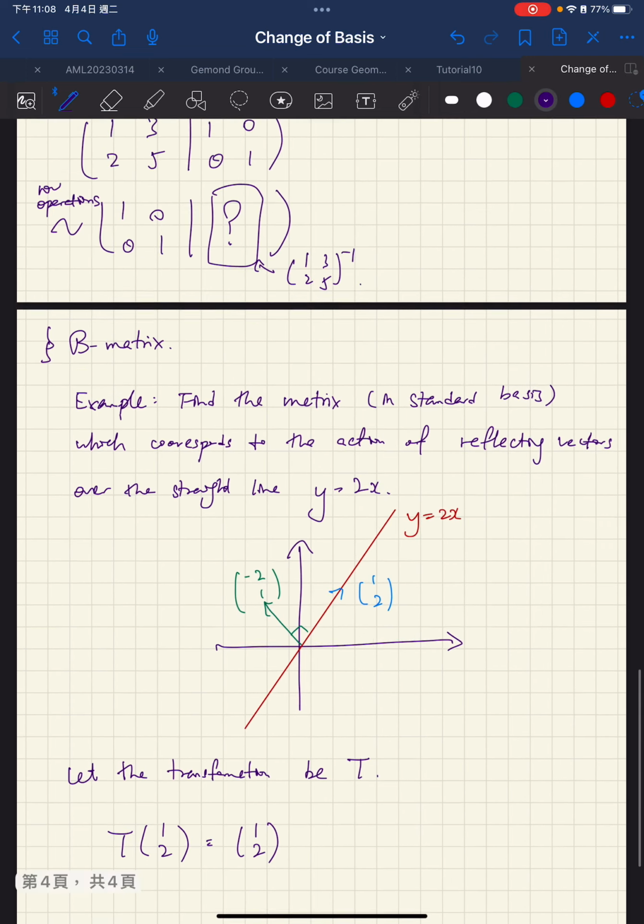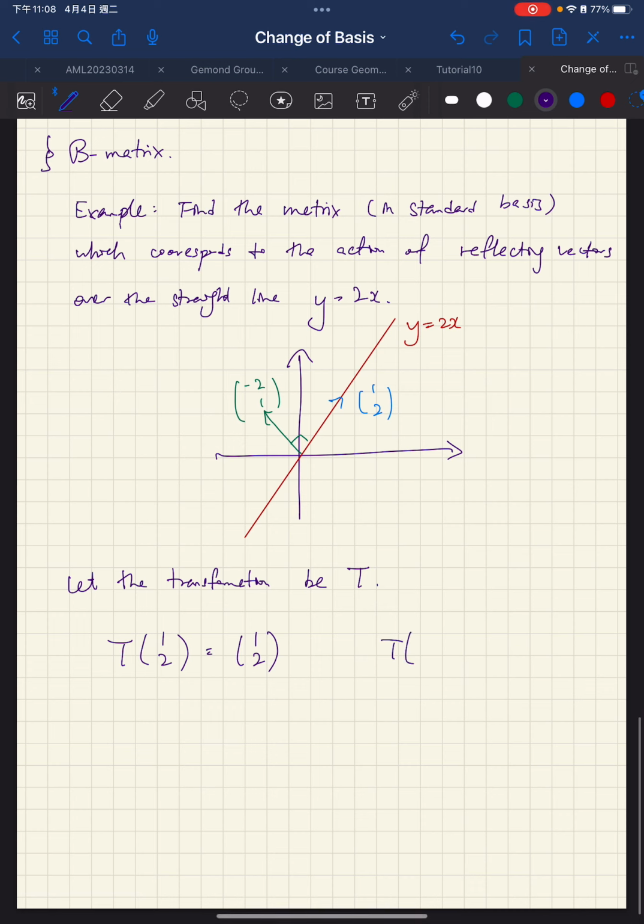So T of this thing is actually minus of this, right? Because you need to reflect. Okay. Fine. So if we let the basis be this, let's try to understand T in terms of this basis, using this basis only.